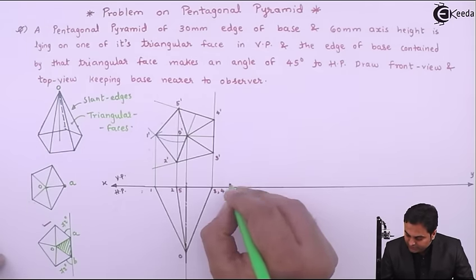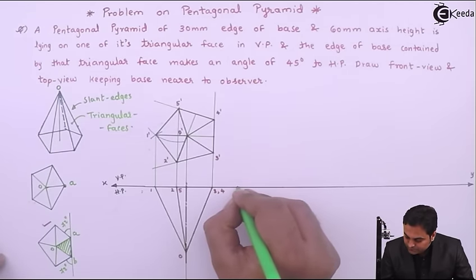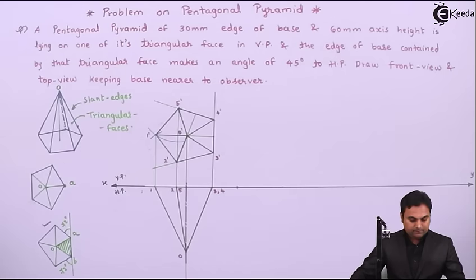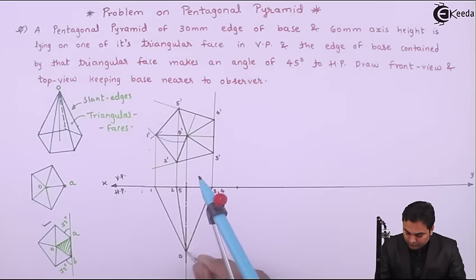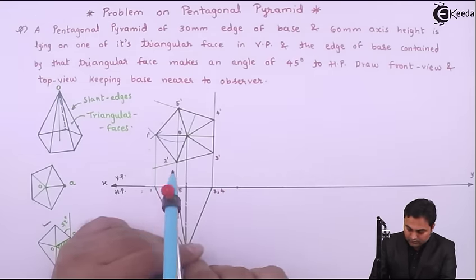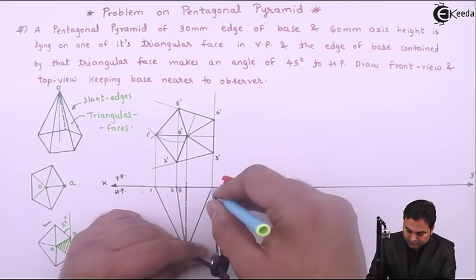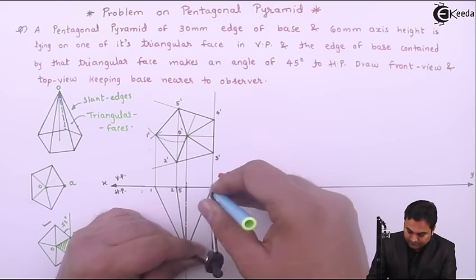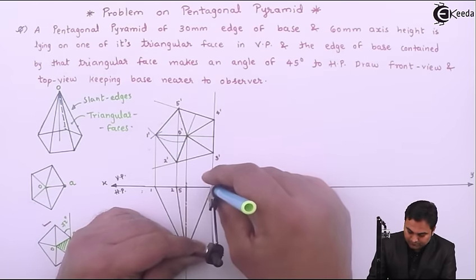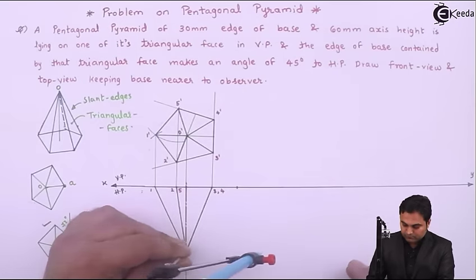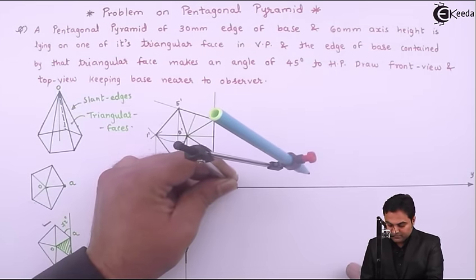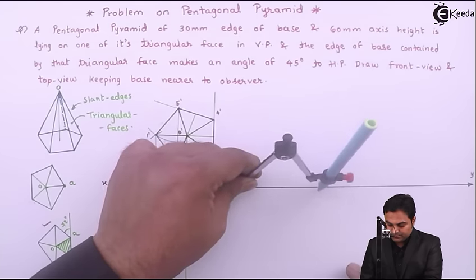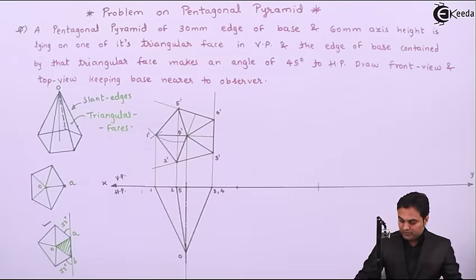For that, I am marking a point here, measuring the slant edge from point O till 3 and 4. Keeping it here because it is resting on this triangular face, marking it on XY.